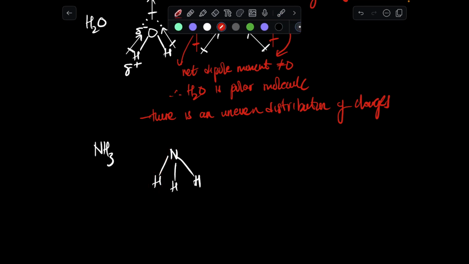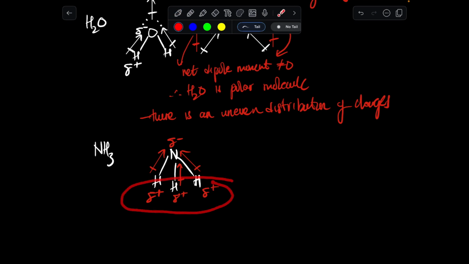So the electrons will migrate to nitrogen, each bond's electrons to nitrogen.